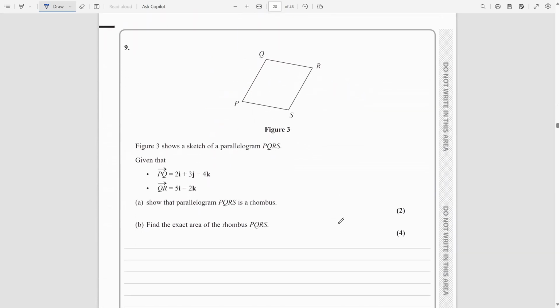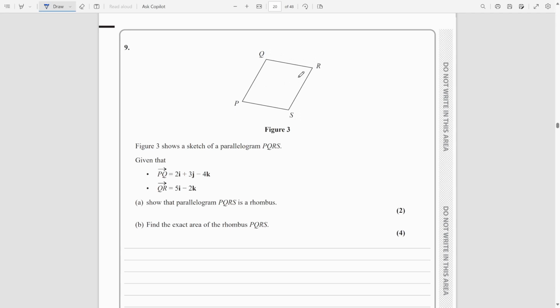Okay, question 9. Figure 3 shows a sketch of a parallelogram PQRS. Given that PQ is 2i plus 3j minus 4k and QR is 5i minus 2k, show that parallelogram PQRS is a rhombus. So the definition of a rhombus is a parallelogram whose sides are all the same length. So what do we know?